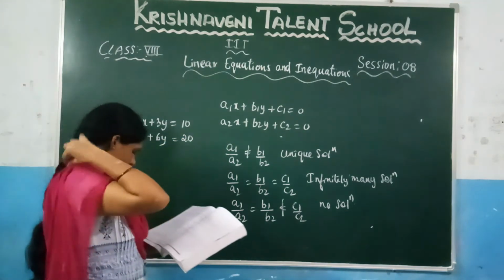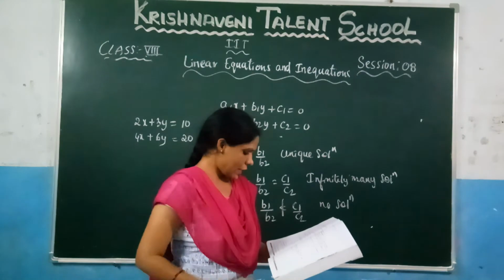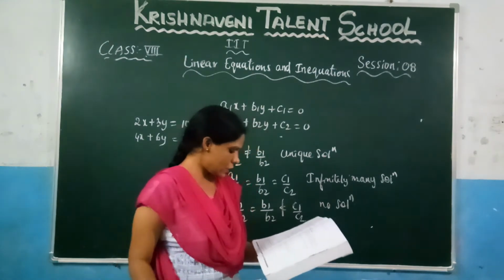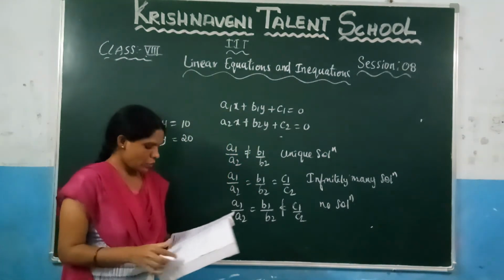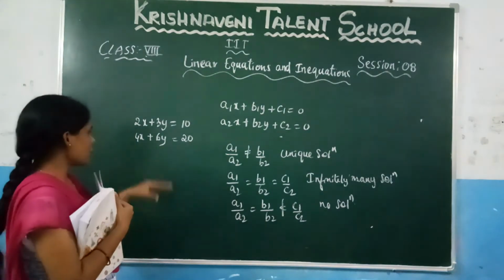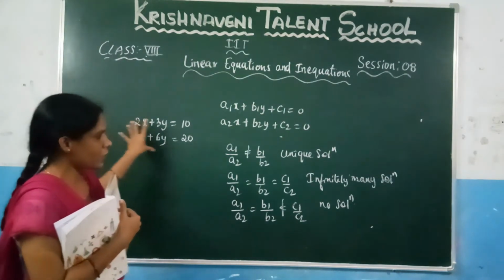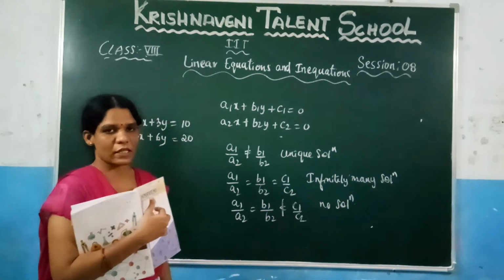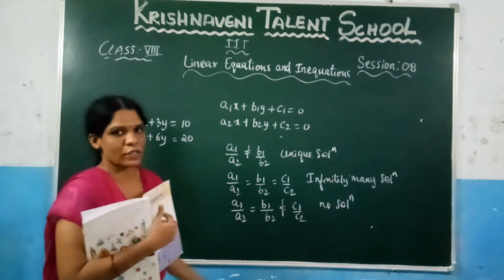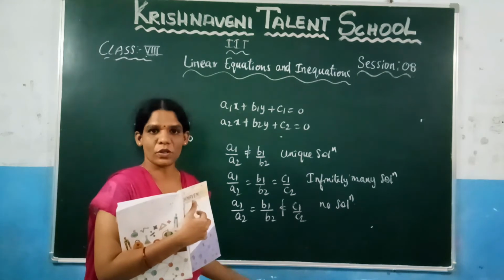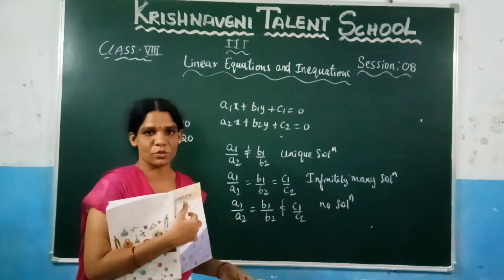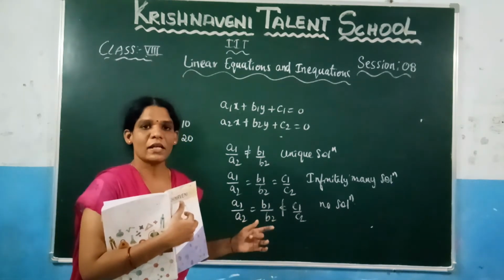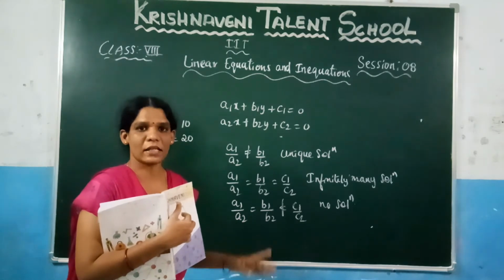If you see here in page number 12, they have given this example. You need to state whether these equations have infinitely many solutions, a unique solution, or no solution, without doing any of the process. That means without doing the elimination method, substitution method, addition and subtraction method, or the graphical method.